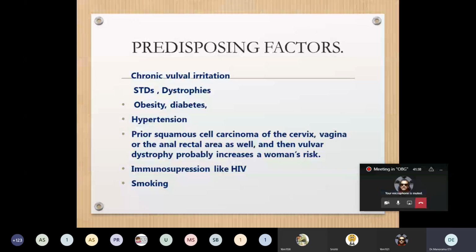Then we have obesity, diabetes, hypertension, which are all risk factors for VIN or vulval cancer. Then prior squamous cell carcinoma of the cervix, vagina, or the anorectal area as well, and vulvar dystrophy probably increase a woman's risk. Other immunosuppressive conditions like HIV, even pregnancy, are also included. Then last comes smoking. All these are predisposing factors for VIN as well as invasive vulval cancer.